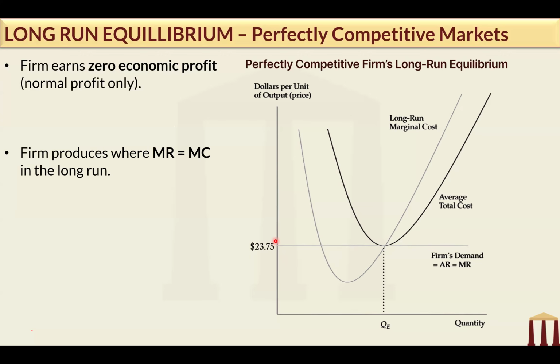It cannot go below this price. Okay, because below this price, what will happen? The revenue will be much lower than the cost. This is your minimum possible cost, so the price cannot go below this. Okay, so that is why this is your long run equilibrium point.